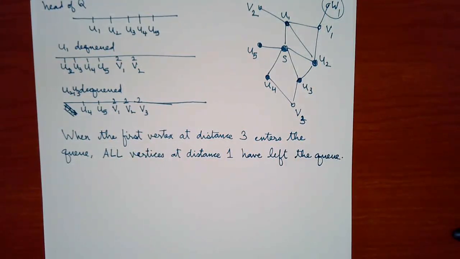Does that make sense? Any questions about that statement? Does this hold as you move to further distances, like distance 4? Good question. Why don't you restate what is the statement that you're proposing?